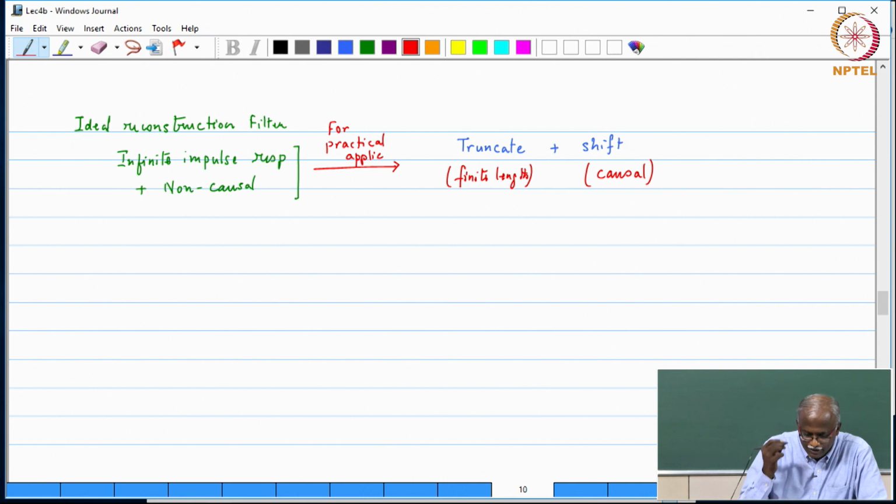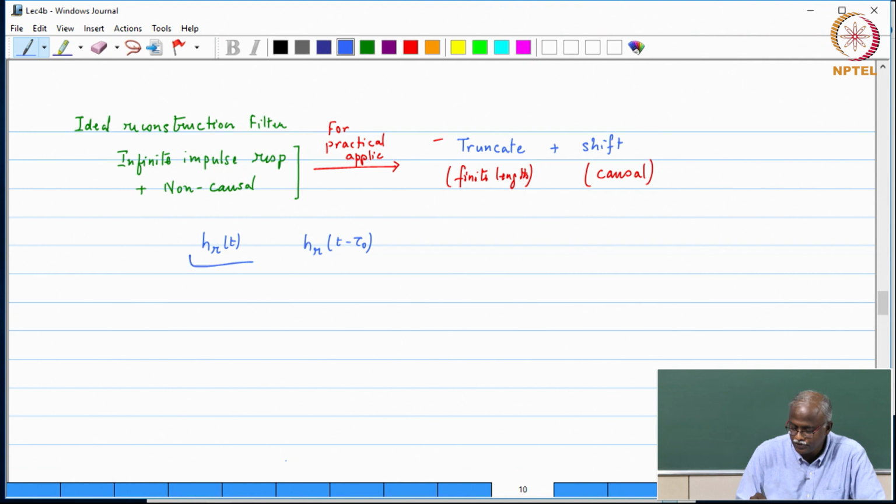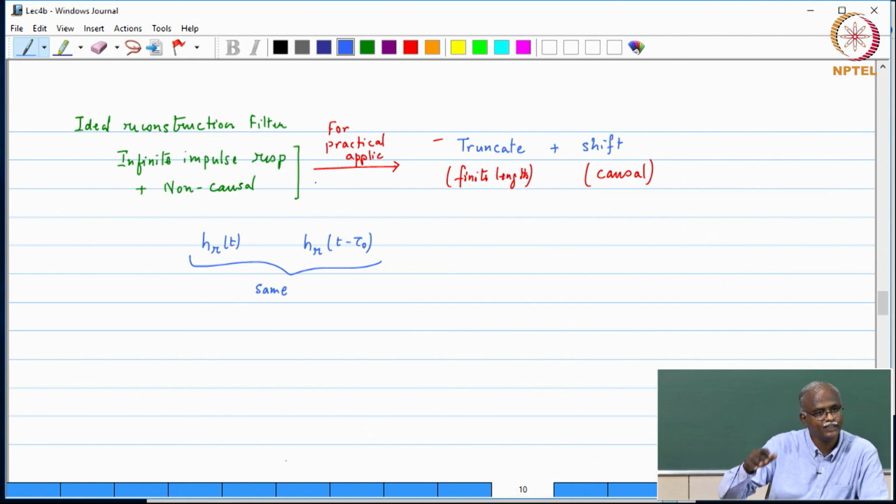Now, another observation or property that we want to note is that if I have hr of t, and hr of t minus tau naught, some shifted version, then both of these have the same magnitude response, because the spectrum of the shifted one is just an e power j phase term, and when I take the magnitude that goes away.